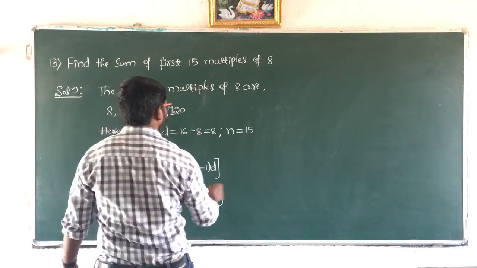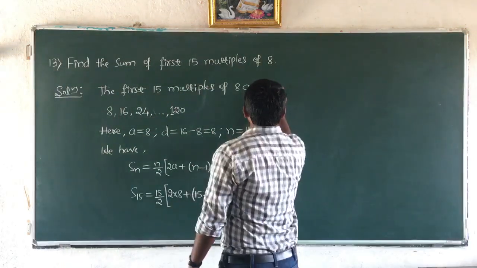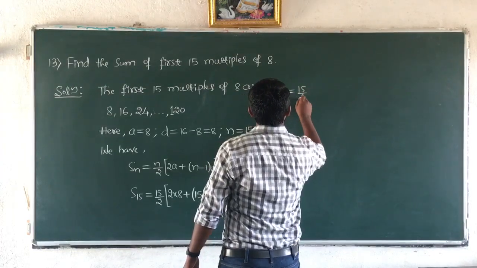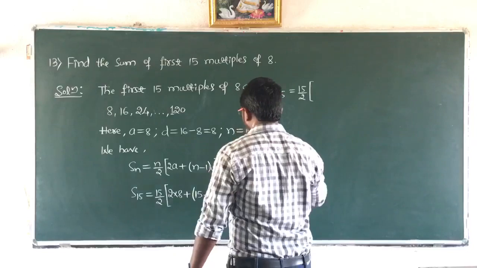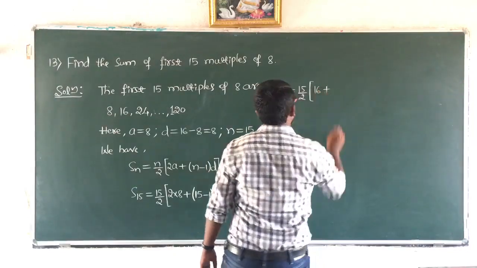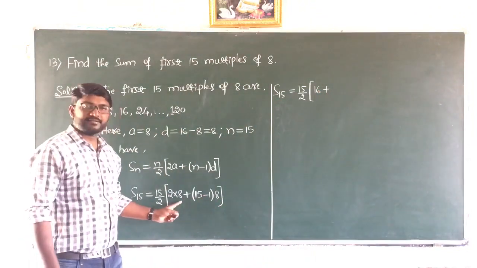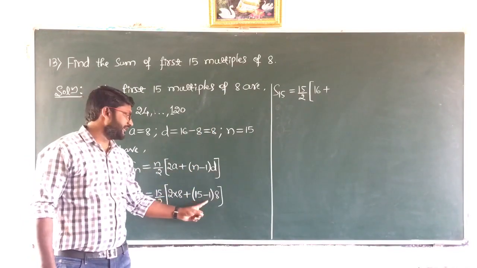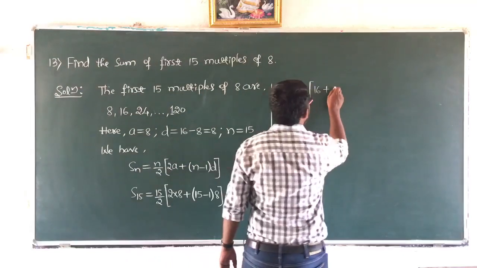So simplify this now. S15 is equal to 15 divided by 2 inside the bracket we get 16 plus 2 into 8 will give us 16, then 15 minus 1 is 14, 14 into 8 is 112.